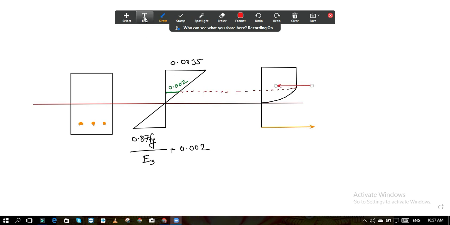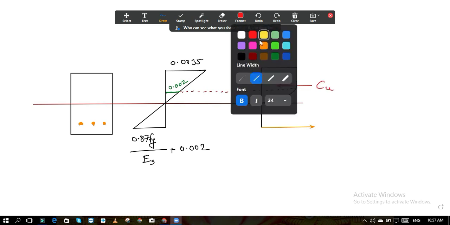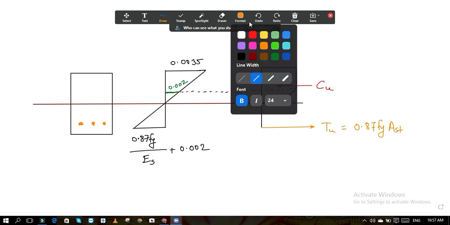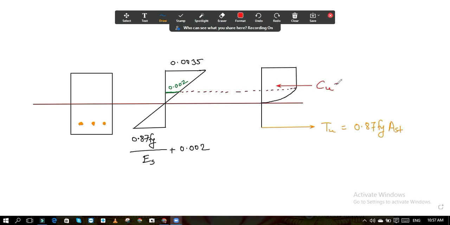Here it will act. This is your Cu, and this force is Tu. Tu is equal to 0.87 fy into Ast. This is your Tu. What is Cu? You know that Cu is equal to 0.36 fck B into Xu.